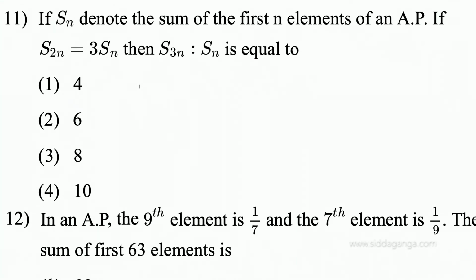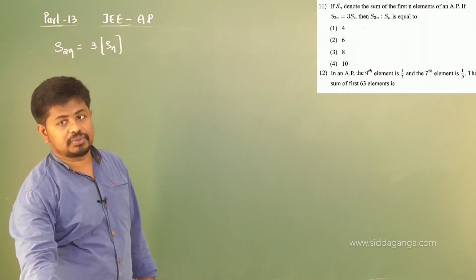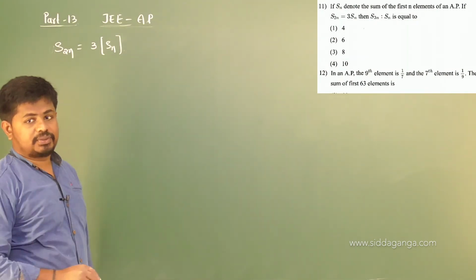So let me write S2n is equal to 3 times Sn. Let me simplify this, you get some idea to get the ratio S3n to Sn.